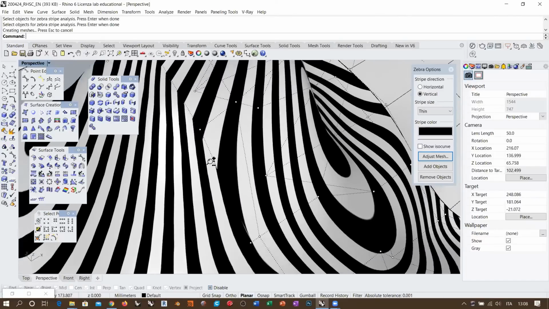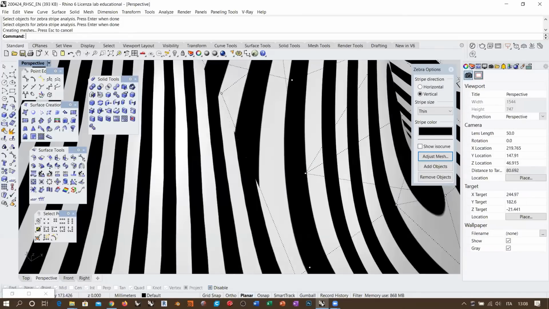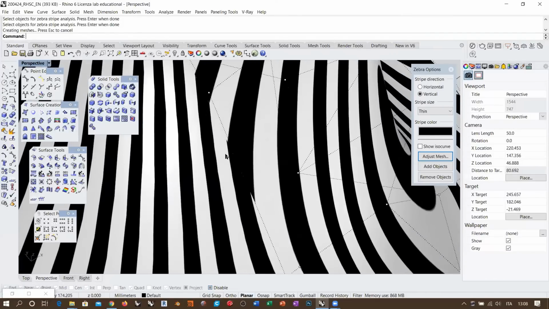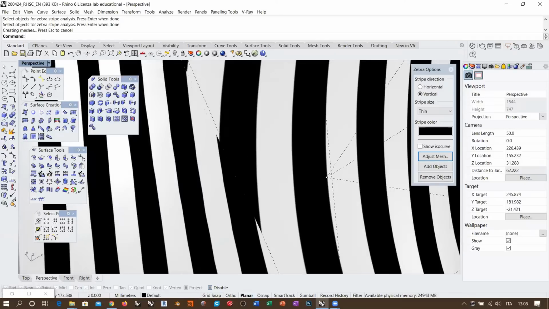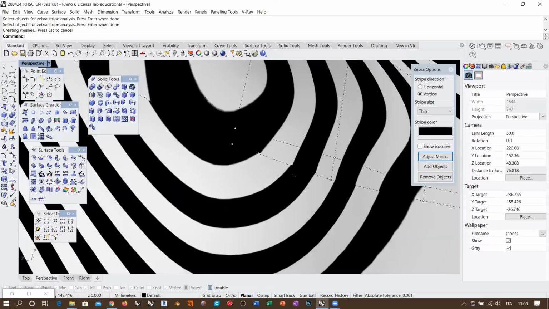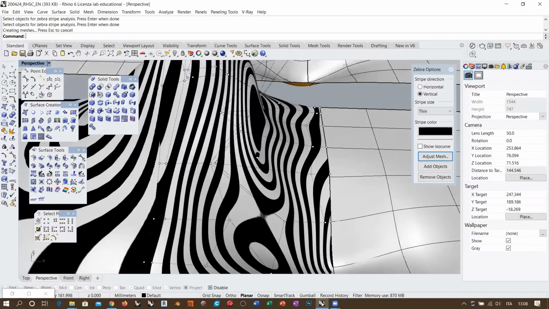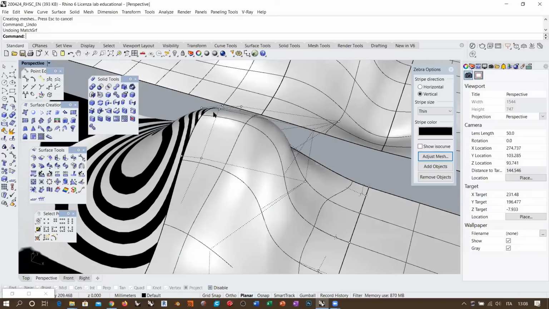Well, actually, this is something very weird that's happening here because you see this kind of flickering here. This means that in this case, there is not even tangency continuity. Okay, so I did something weird right now that I don't recall.